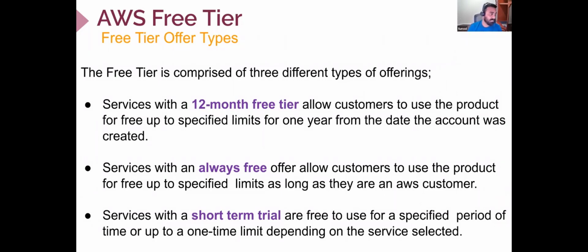The second type is services with an always free offer, which allow customers to use the product for free up to a specified limit as long as they are an AWS customer. That's a kind of always free offer provided to existing AWS customers.